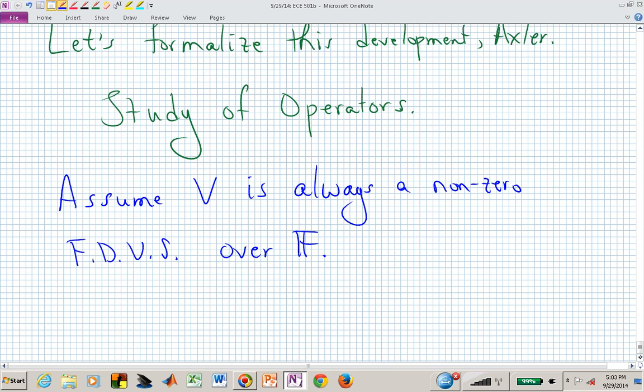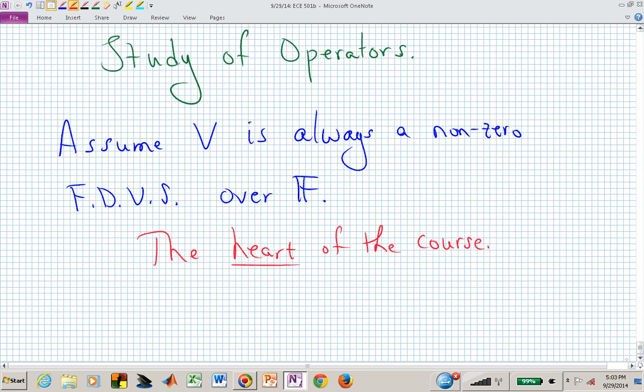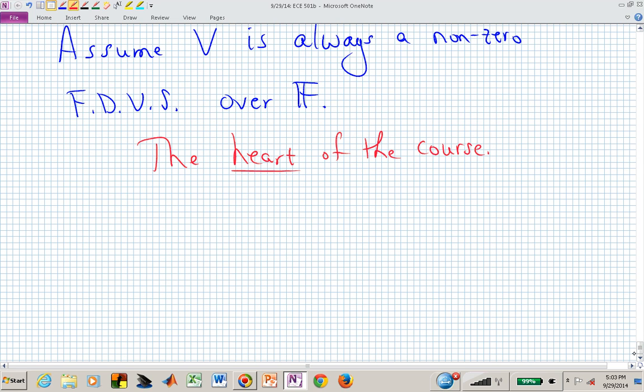And that's actually the heart of the course. This playing with operators on a finite dimensional vector space. And we may then need to try to find out or be told what F is, but once we are, then we're looking for determining the structure of these operators. That's what we're trying to do.